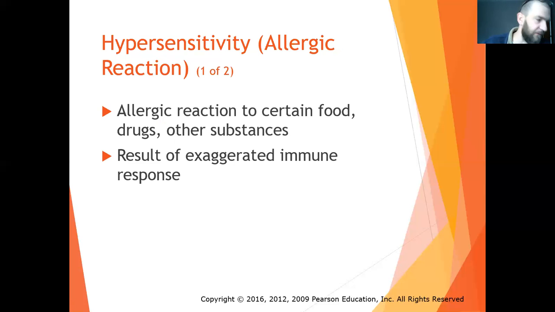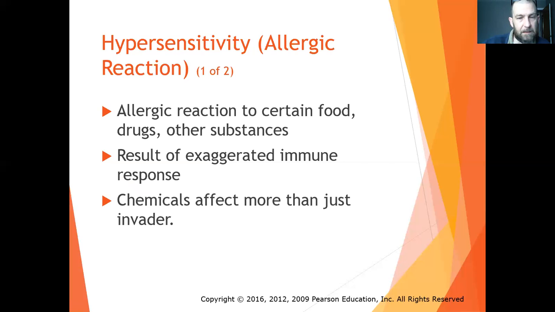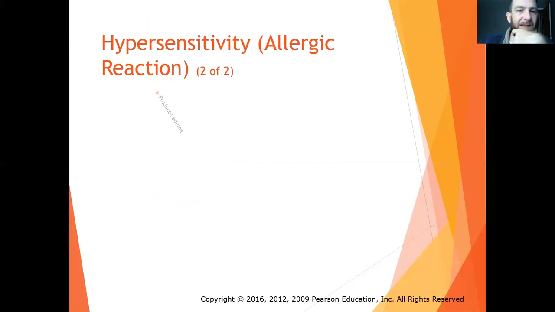It thinks this is an invader in the body, and in the process of destroying these invaders, chemicals are released. They're called histamines, and they produce lots of swelling and edema.